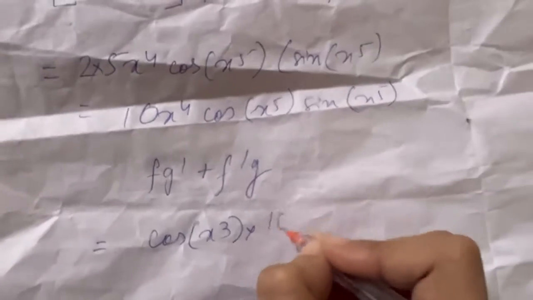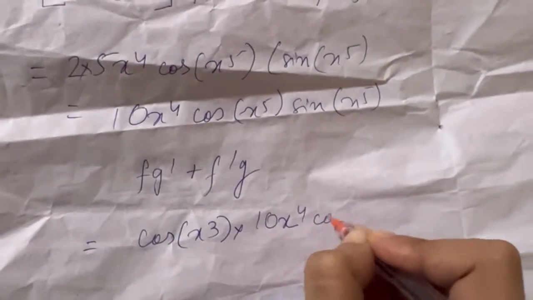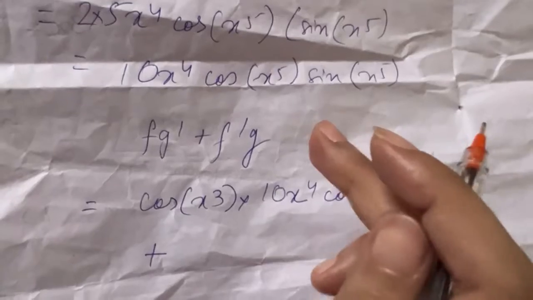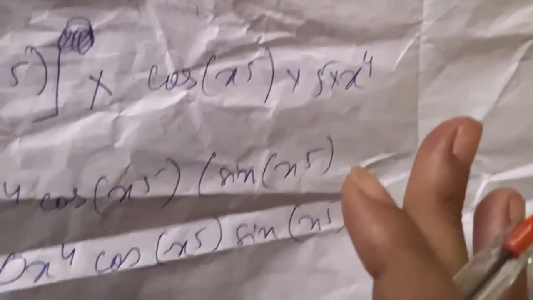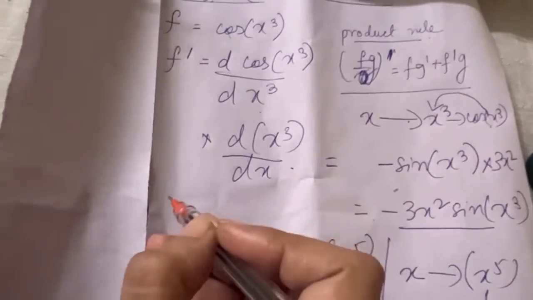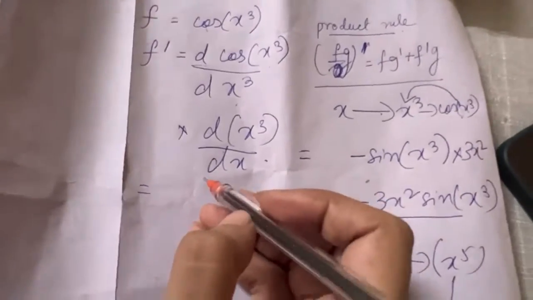Already we have the g dash. Now plus f dash g. So f dash is equal to this part. Okay, we did not simplify this.